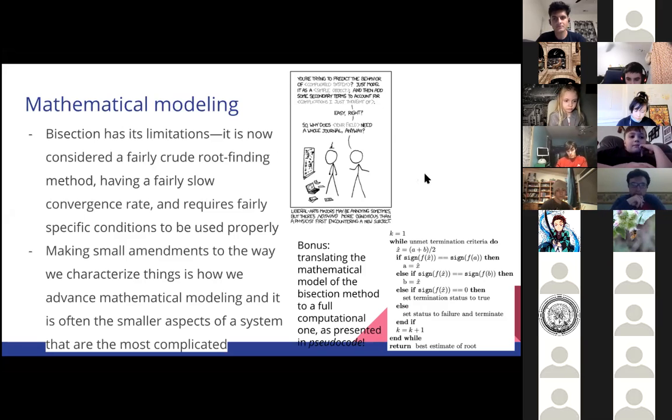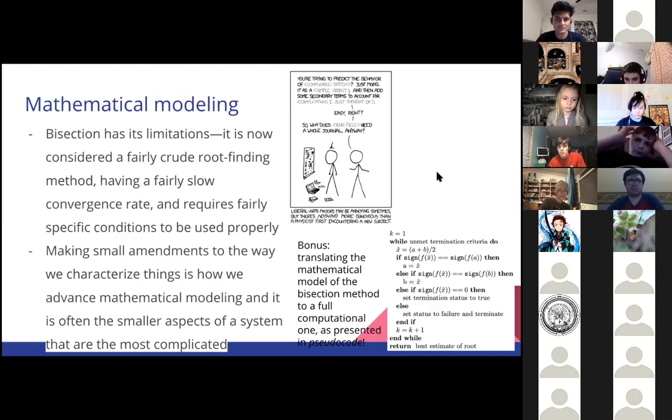So I attached an XKCD comic. It's about a new physicist who's talking to an older physicist who's complaining about how modeling is easy because he's saying that we can predict the behavior of a complicated system by modeling it as a simple object and then just adding secondary terms to account for complications he just thought of.